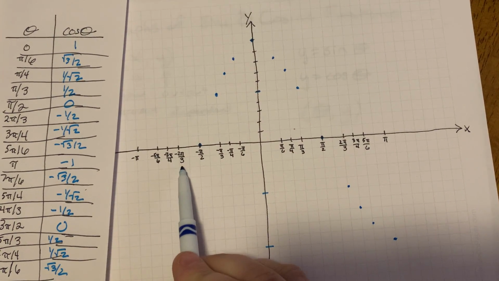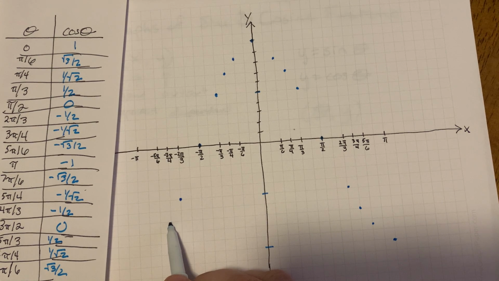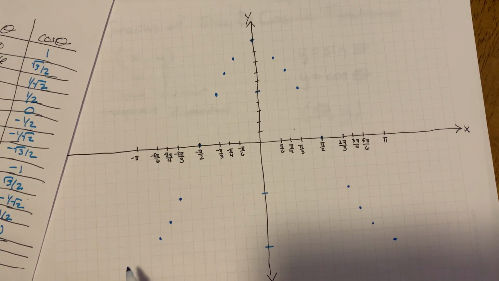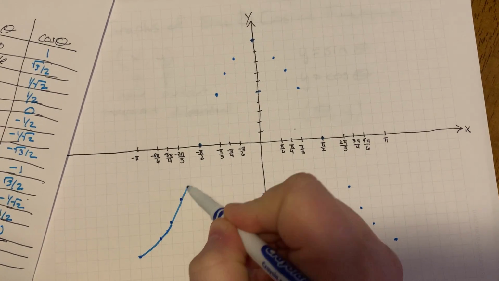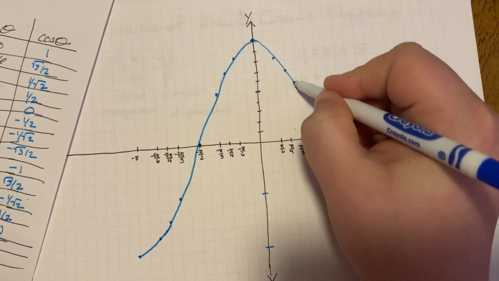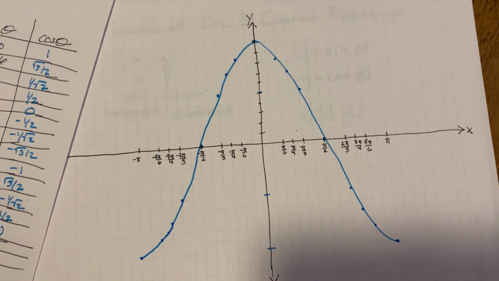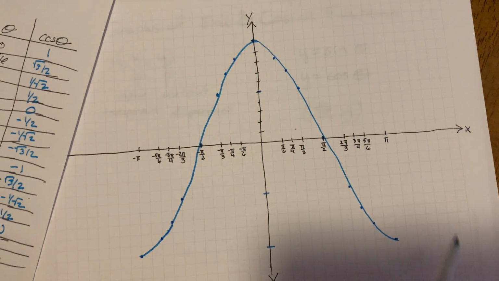Our pattern continues, negative 2 pi over 3, we're at negative 0.5, negative 0.707, negative 0.866, and at negative pi, we're back down at negative 1. So if I connect these points, it looks something like this.